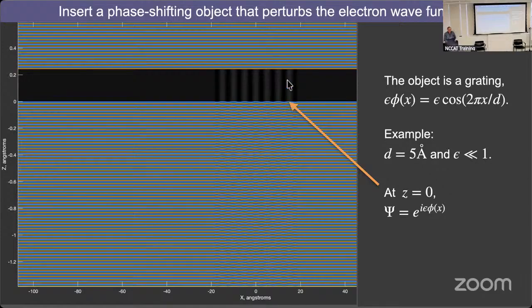Right after we have passed through the specimen, at z equals 0, the wave function is just going to be e to the i phase shift in the object, which is e to the i epsilon phi of x, where epsilon is the amplitude and phi of x is this grating function.